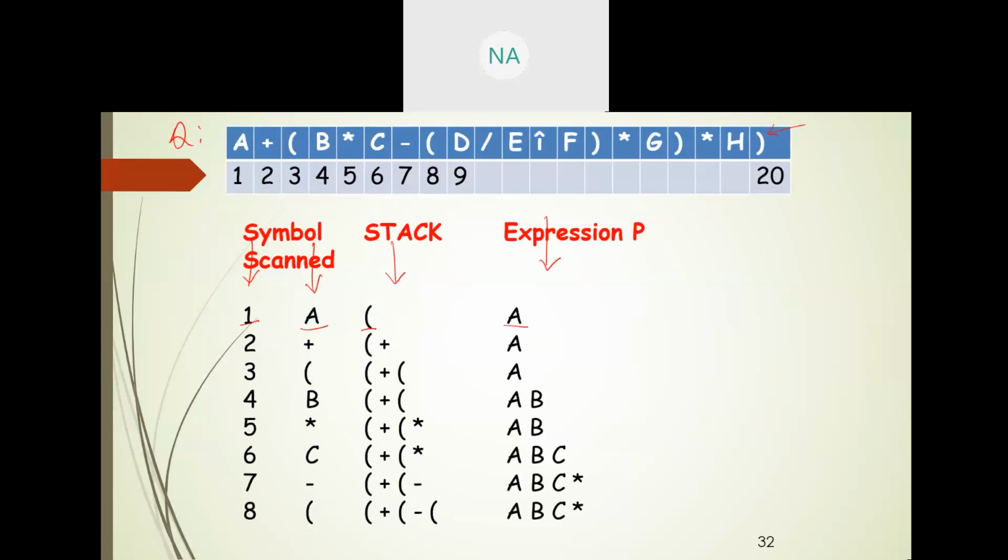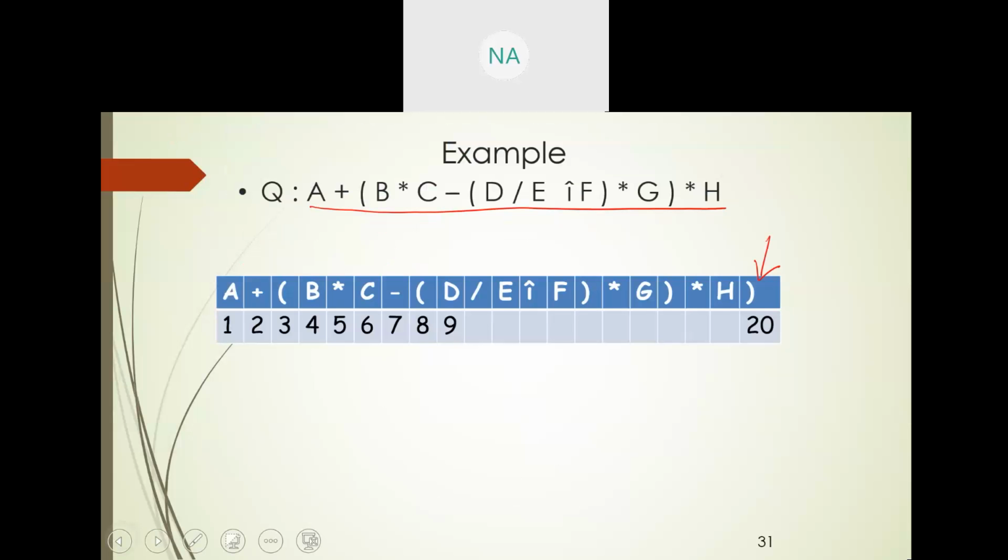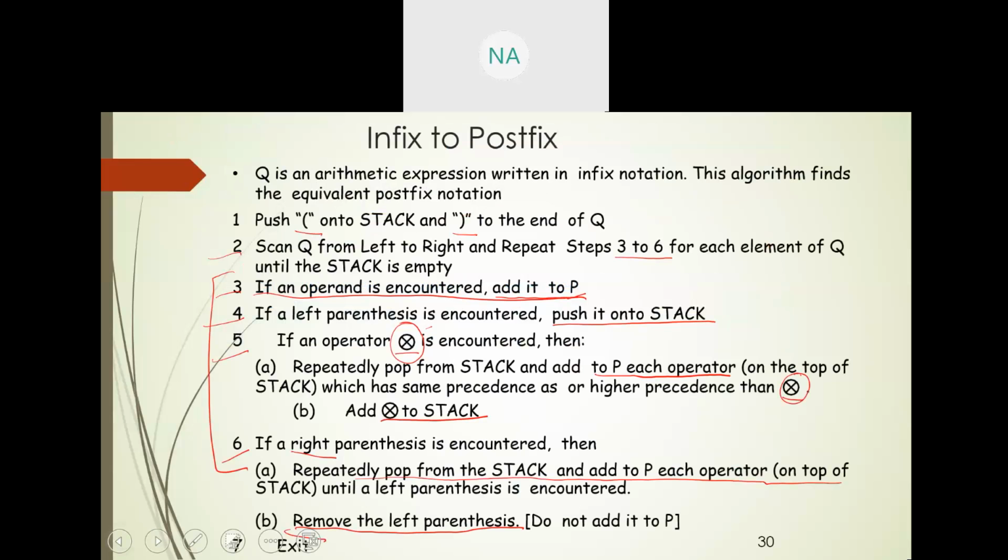The next symbol is plus. Plus is an operator. So step 5: if an operator is encountered, then repeatedly pop from the stack and add to P each operator which has the same or higher precedence than the encountered operator, and then after doing this step, that operator is added to the stack.